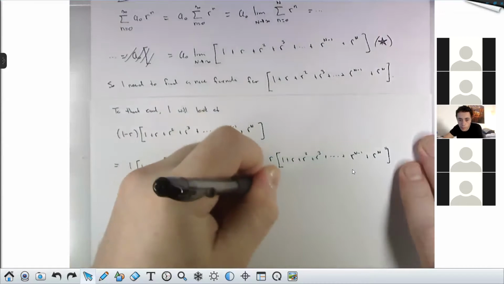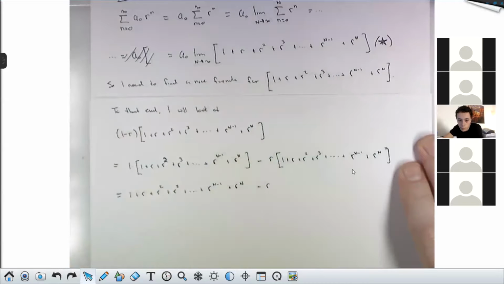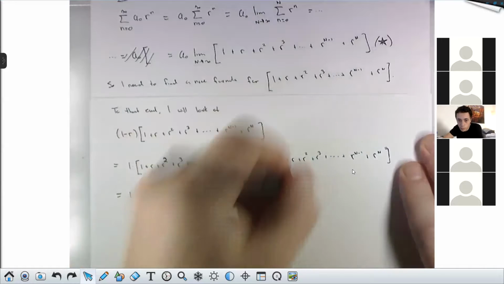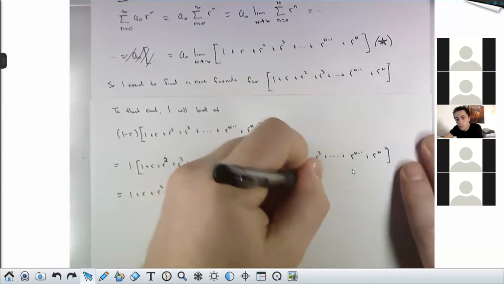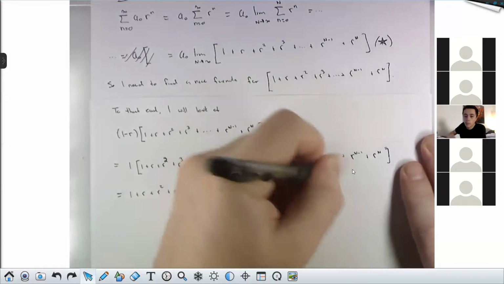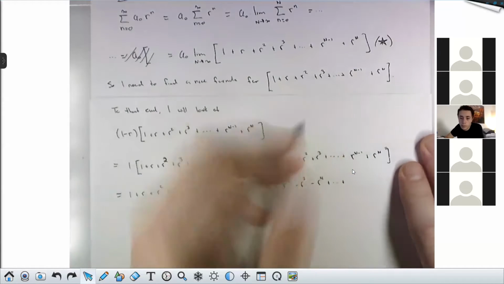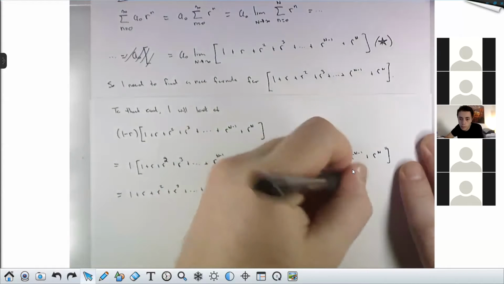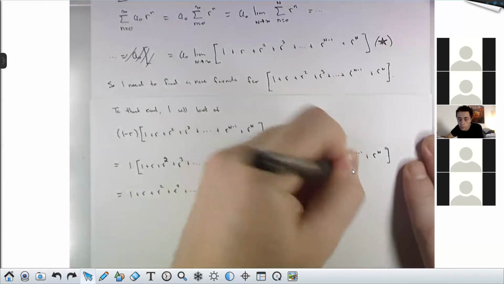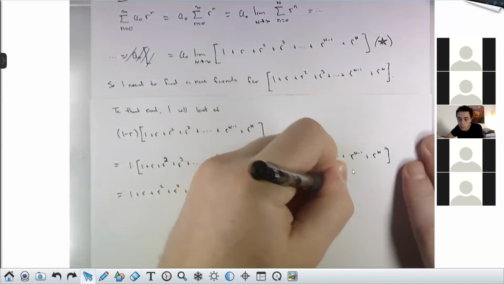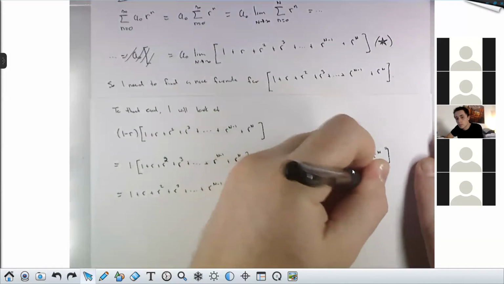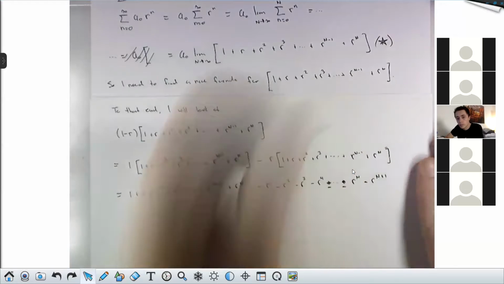I'll get negative r times 1, minus r; negative r times r, minus r squared; negative r times r squared, minus r cubed; minus r to the 4, minus dot dot dot, negative r times r to the n minus 1, minus r to the n, minus r to the n plus 1.